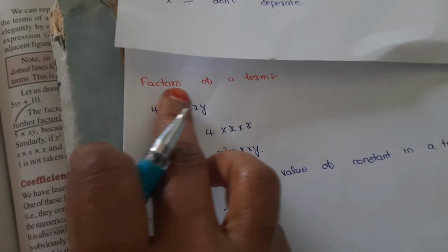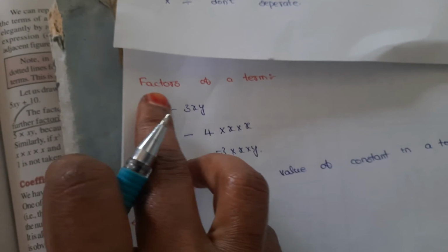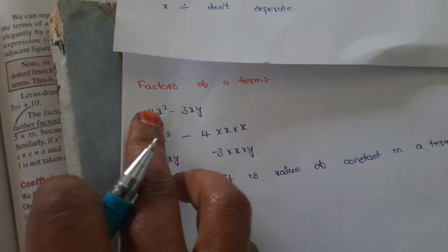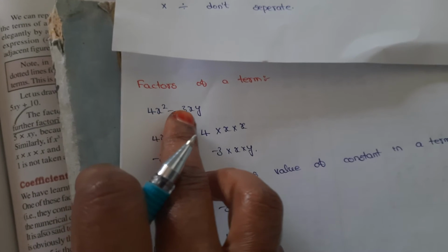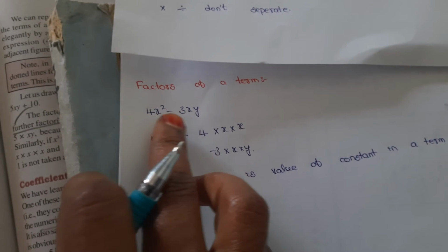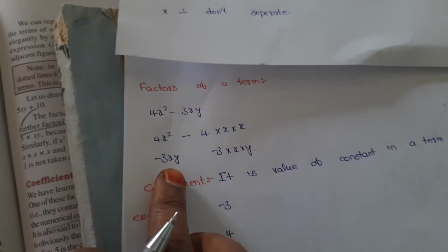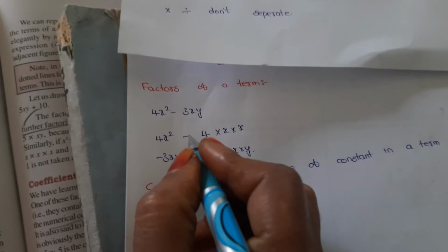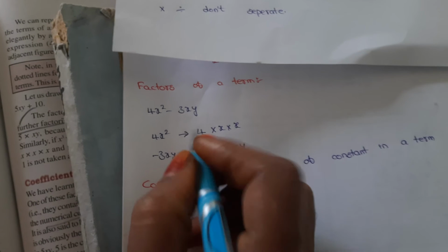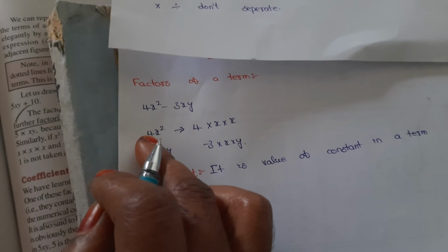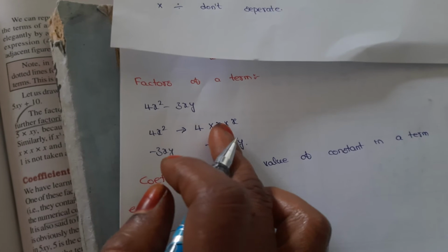And then the factors of a term. If we take the expression 4x square minus 3xy, we have two terms: the first one, 4x square, and minus 3xy. For the first term, 4x square, we can write it as 4 into x into x.